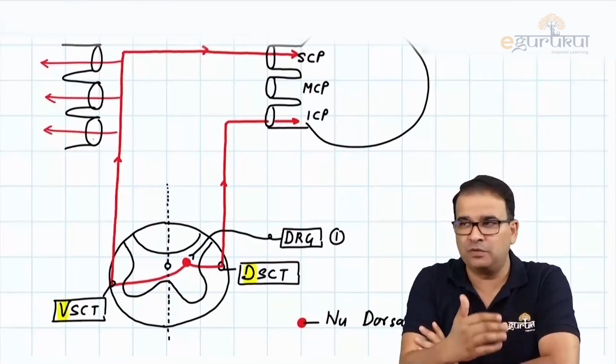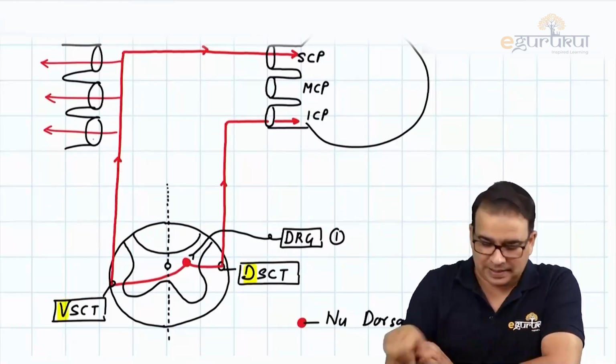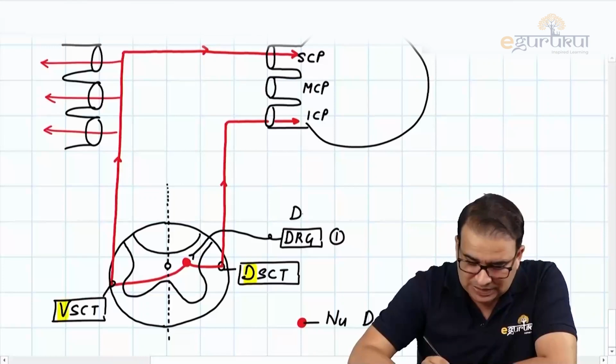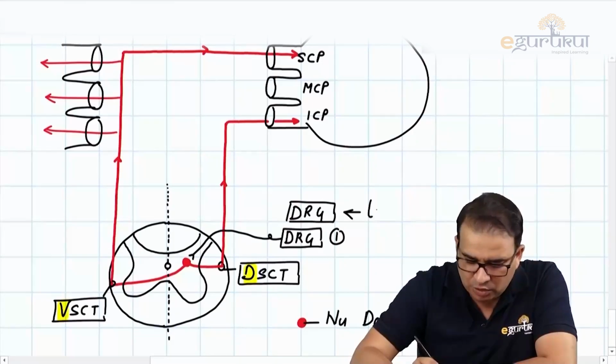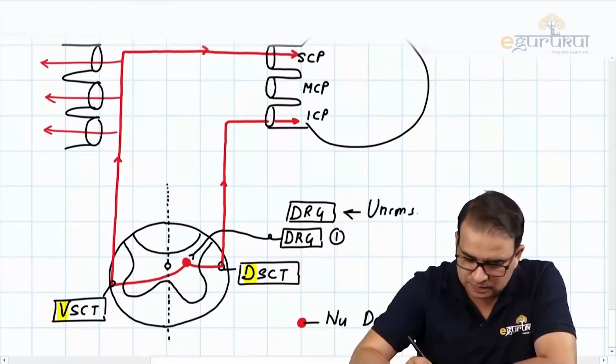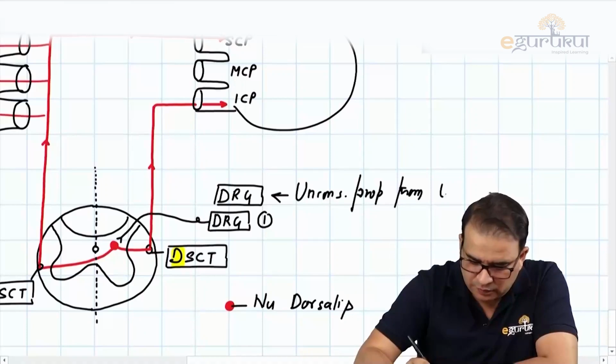Well, how is it possible? We must be having some tract for that. There is. Well, what tract is that? For the upper limb, the difference is, guys, the precise unconscious proprioception for the upper limb. I'm writing DRG once again. And this time we are talking about the unconscious proprioception from upper limb.